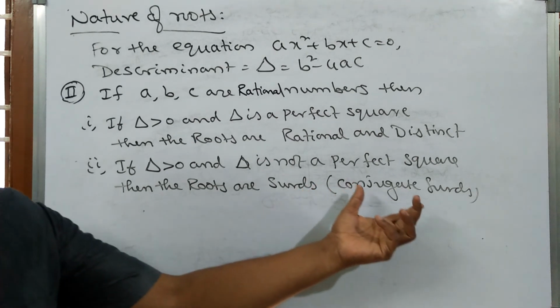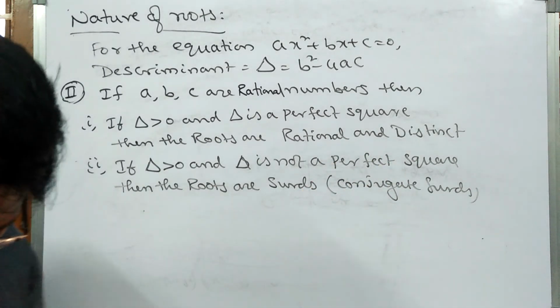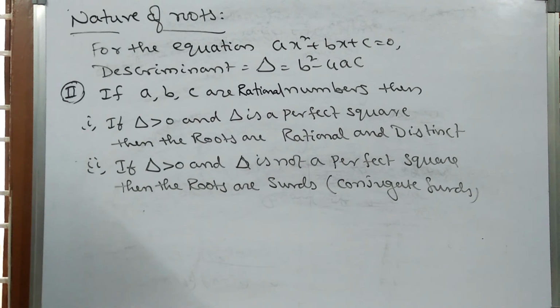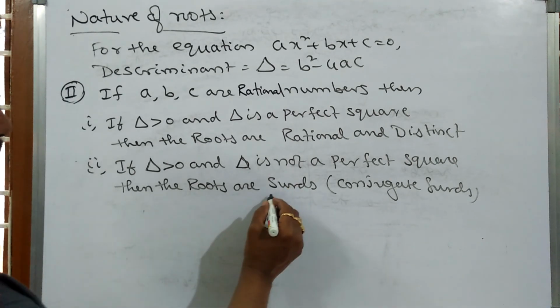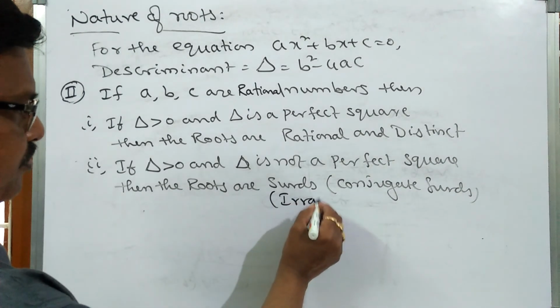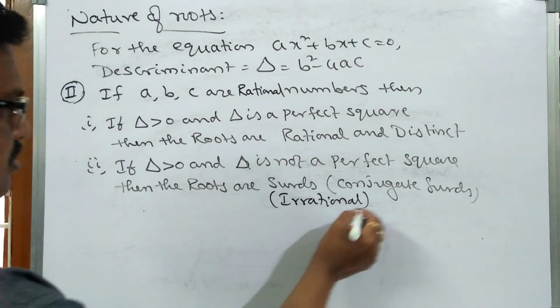That means if 2 plus root 3 is a root, 2 minus root 3 is also a root of it. Or you can say irrational also, no problem. Anything you can use, irrational or surds.